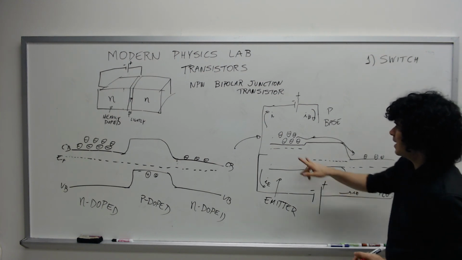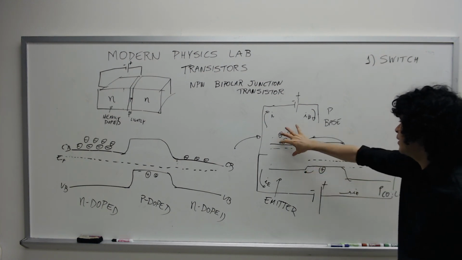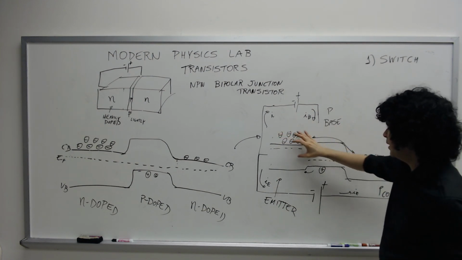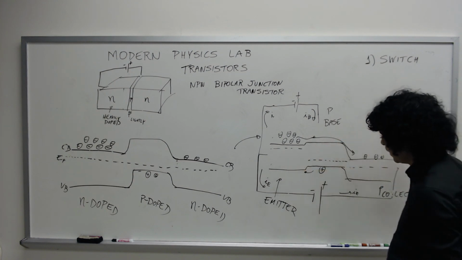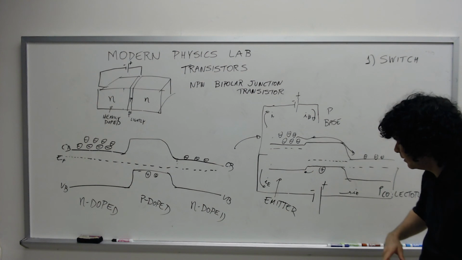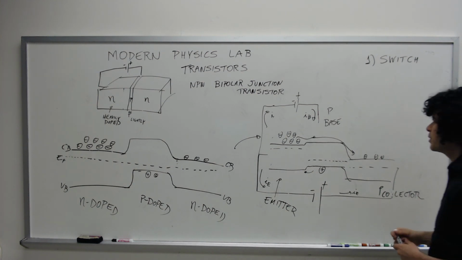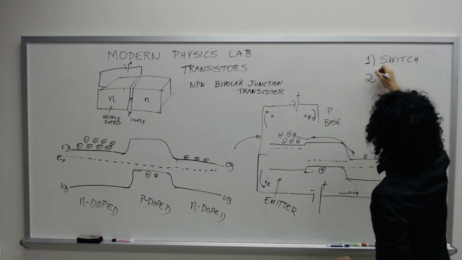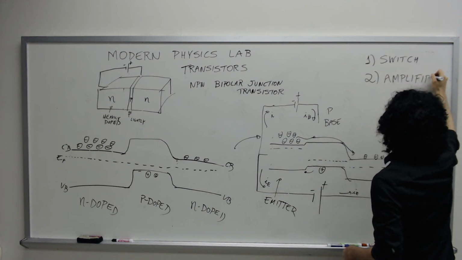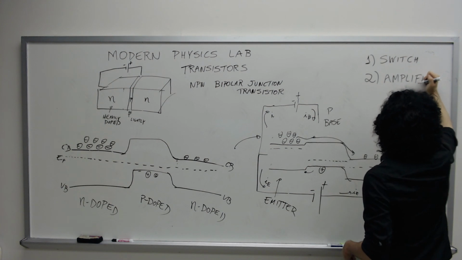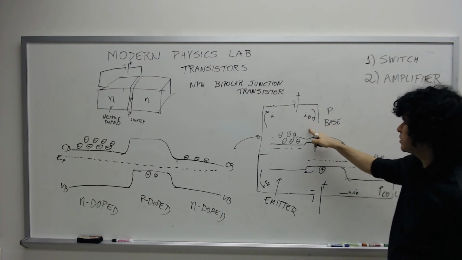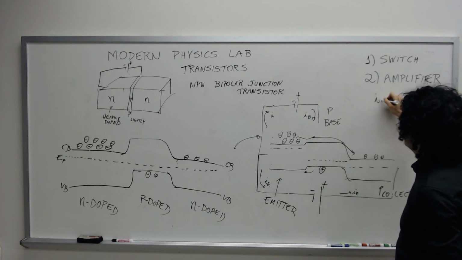Also, because this is heavily doped and this is lightly doped, you have a very large number of charges moving from the emitter to the collector, and a small number of charges moving from the base to the emitter. This works as an amplifier, because you can amplify IB.